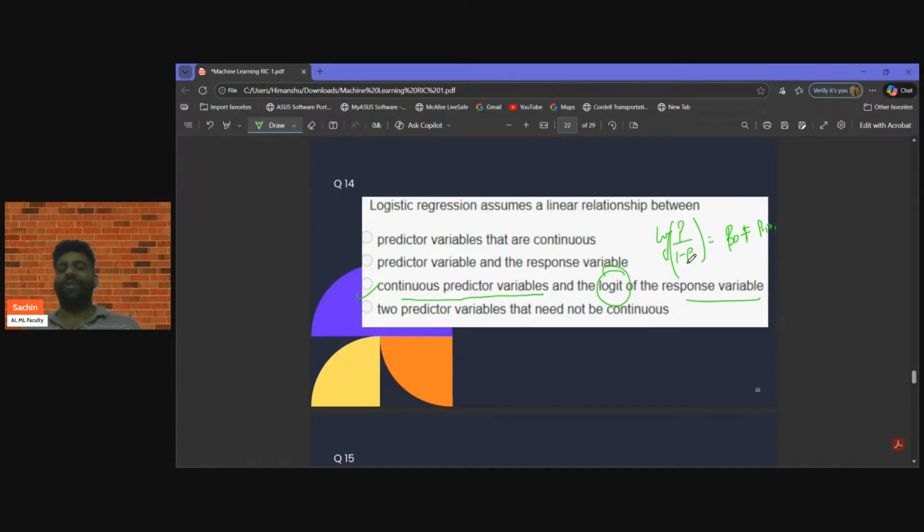So if I just write it up in a proper format, y being my class variable, I would be writing it like this. Okay. So the actual answer is that it is determining the relationship between the continuous predictor variables, which are x or x's, and the logit function of the response variable. Okay. So I hope you could understand.